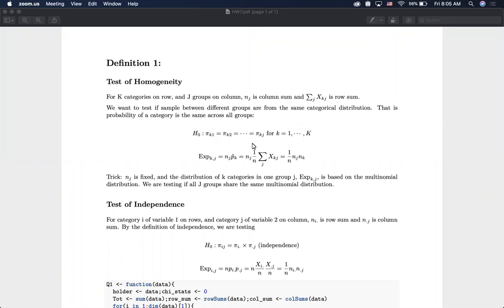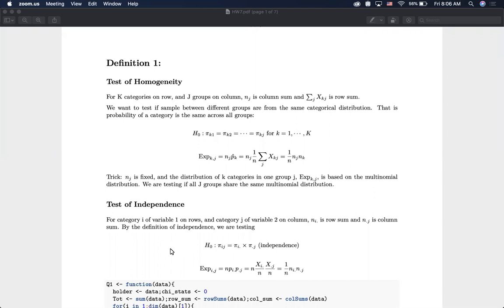So the task is to decide, when you see a table, which kind of test to use and how to set up the null hypothesis. One trick, as the professor said, is to check whether the column sum is fixed, or whether it makes sense for the column sum to be fixed.